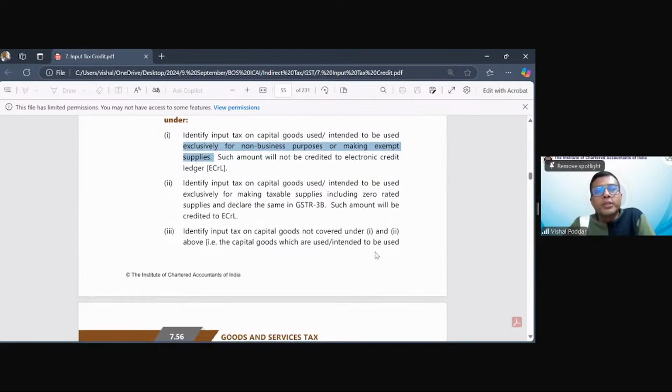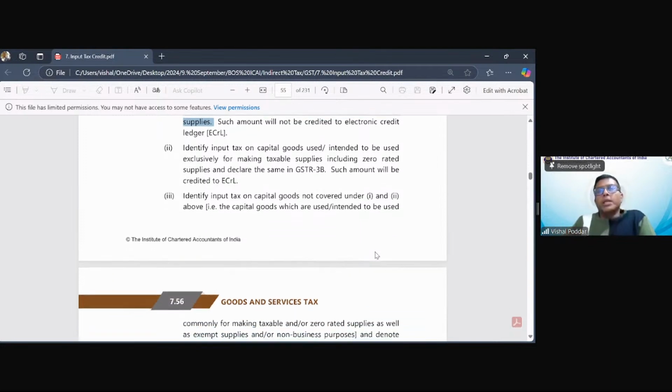Correct? So first step is, out of total machines, remove those machines which are used exclusively for making non-business or exempt supplies. Now, the second is, identify those capital goods which are used exclusively for making taxable supplies, even remove them. Why? Because these are fully eligible, but for the time being, remove them.